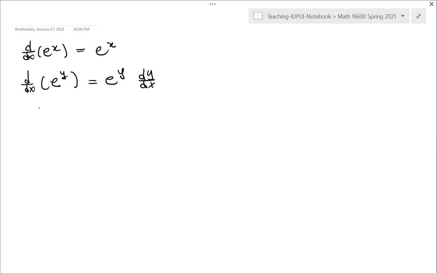Then we have to define the inverse function. If y equals e to the x, if you solve for x, you get natural log y. Then using this, you can get the inverse function. I interchange the variables, then I get an equation for the new function, which is called the natural log.